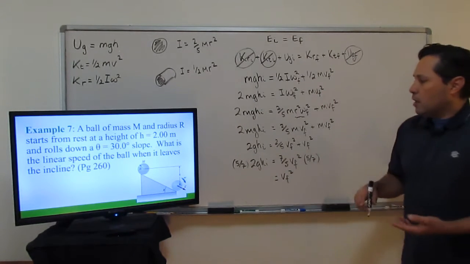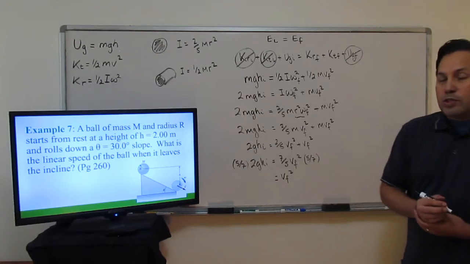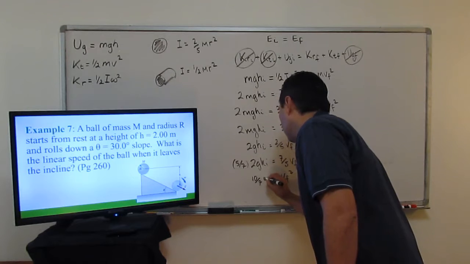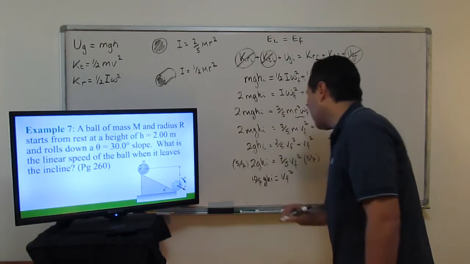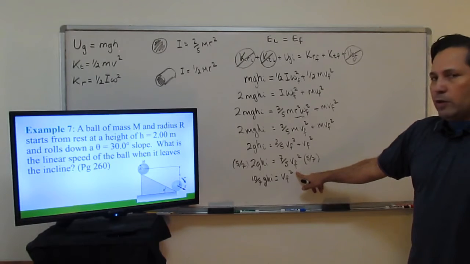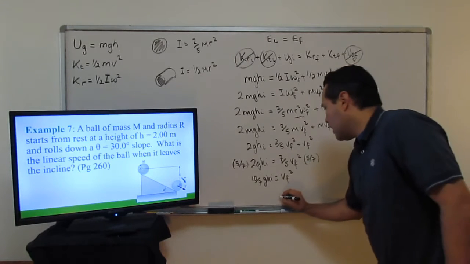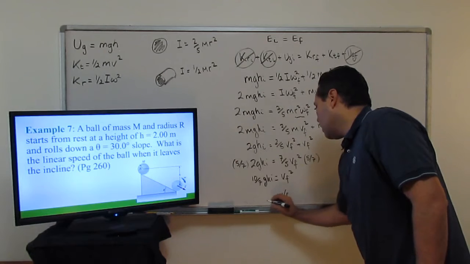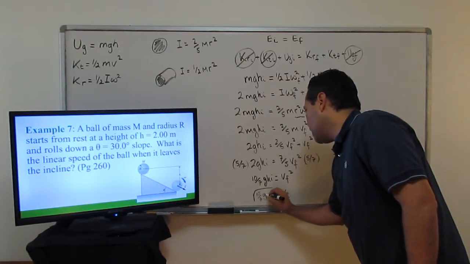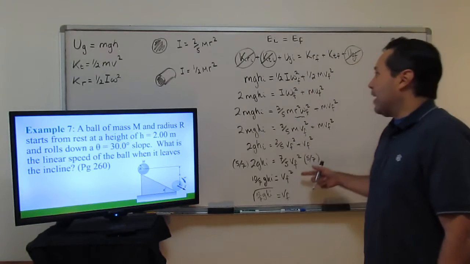On this side, 2 times 5/7, so it's going to give us 10/7 g times hi. Last step, I want the velocity final on its own. I want to get rid of the square, so I square root on both sides, giving me velocity final, and it is square root of 10/7 g times hi, and that is your formula.